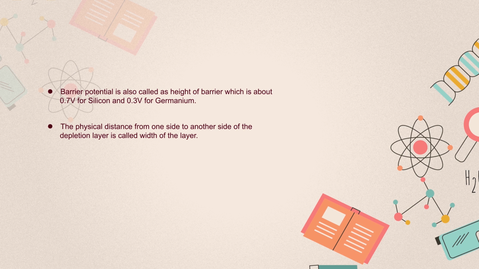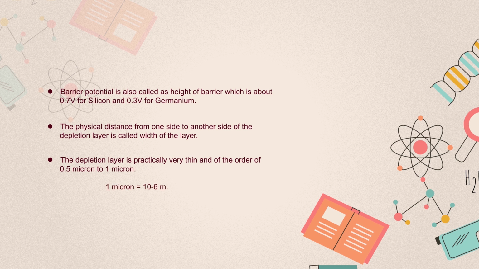The depletion layer is practically very thin, of the order of 0.5 micron to 1 micron, where 1 micron is about 10 to the power minus 6 meter. Practically it is very thin, and it is measured in the unit of micron.